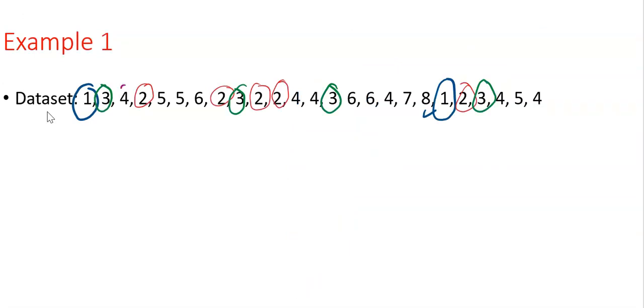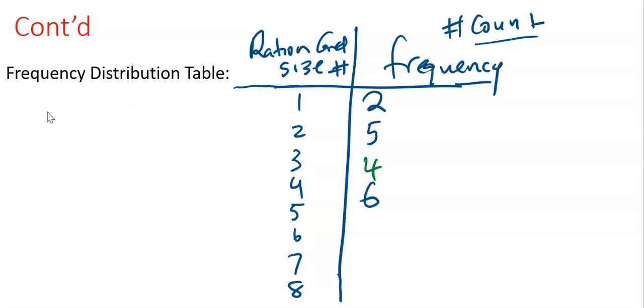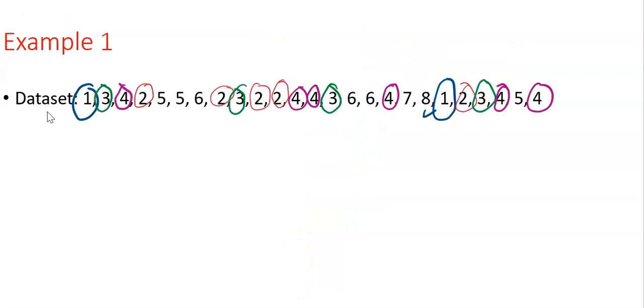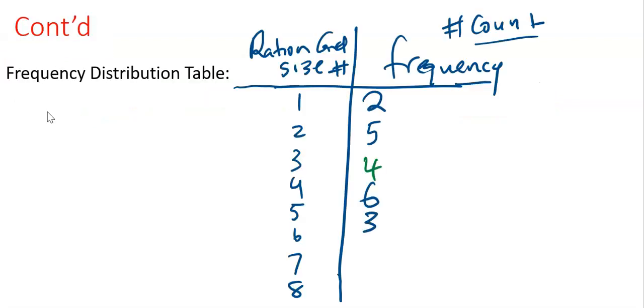We have 1, 2, 3, 4, 5, and 6, so 4 appeared 6 times. And then we continue. How about 5? 5 is 1, 2, and 3, so 5 is appearing 3 times.